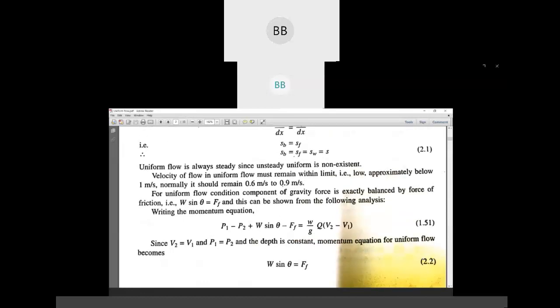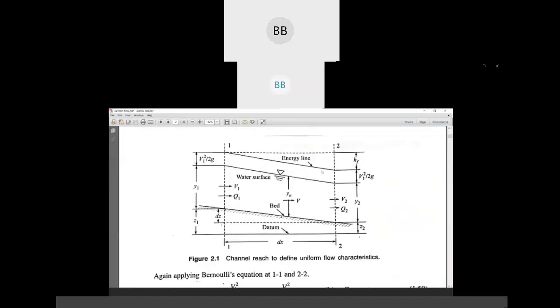Then we consider the momentum equation. These things we have just now discussed. As we know in uniform flow, our y1 is equal to y2.